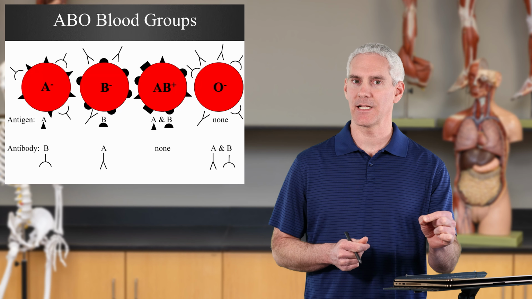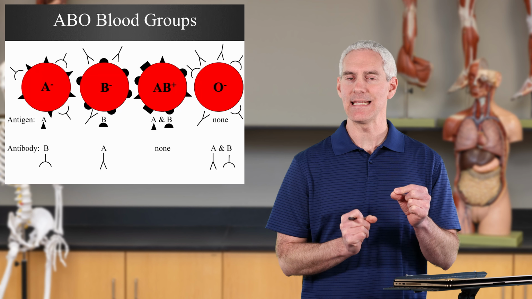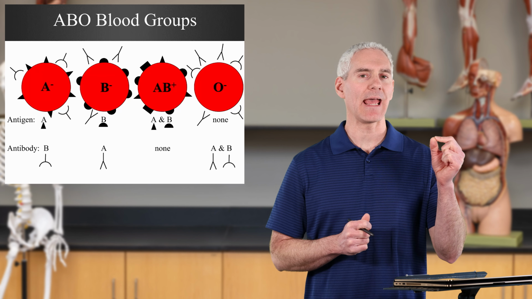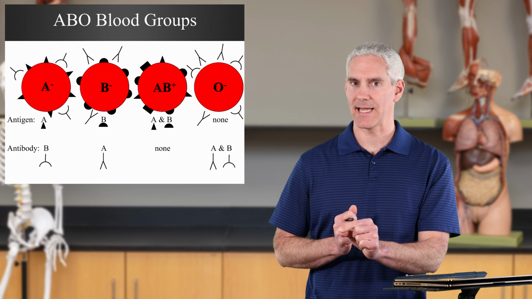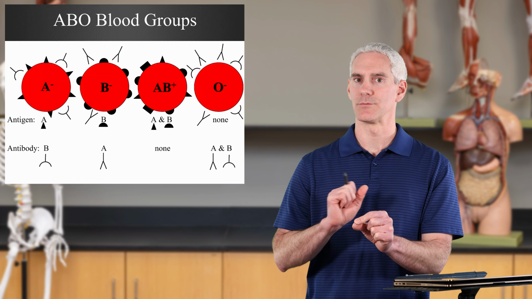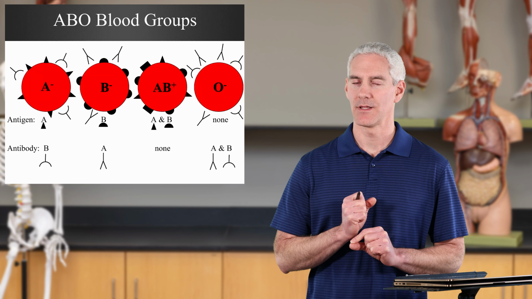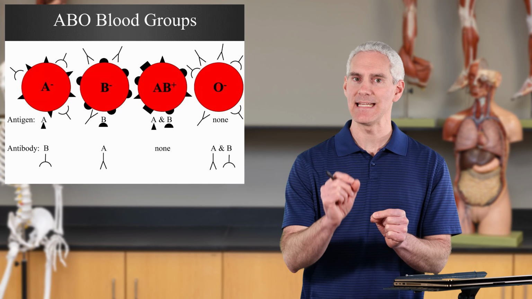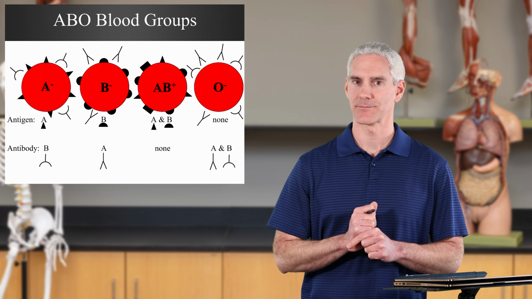If you have the B antigen and the D antigen, you're B positive. If you have the A antigen and the B antigen, and those are the only two, AB negative. If you have the A antigen, the B antigen, and the D antigen, AB positive.